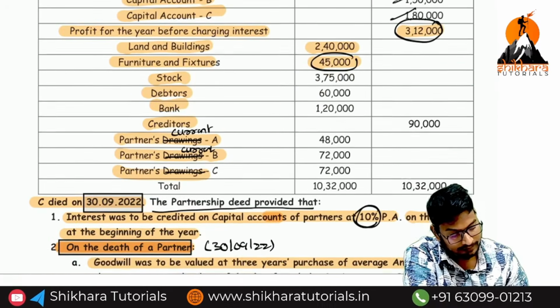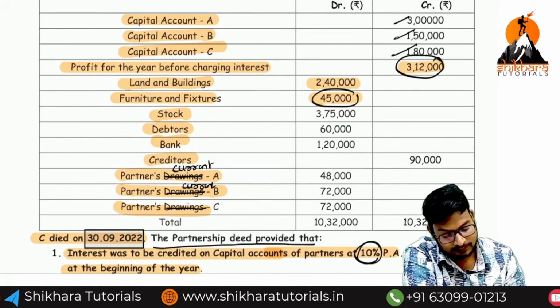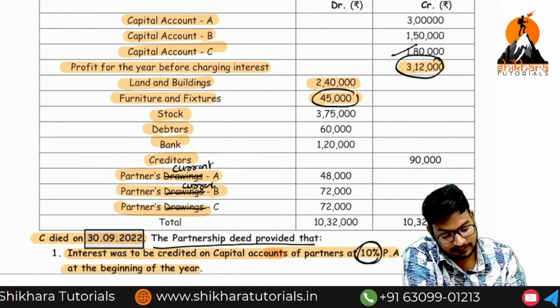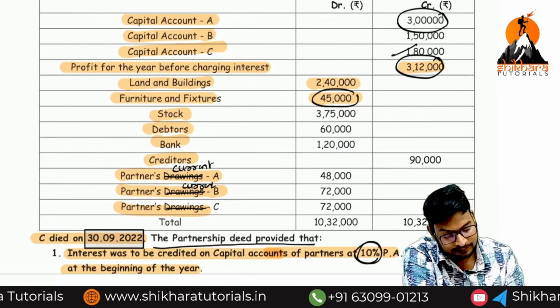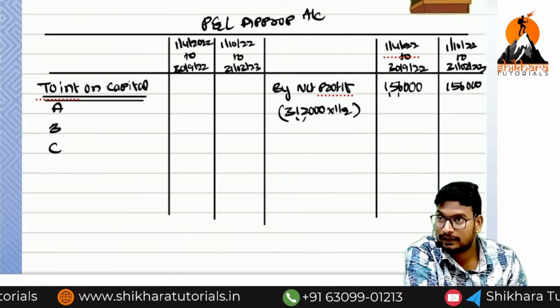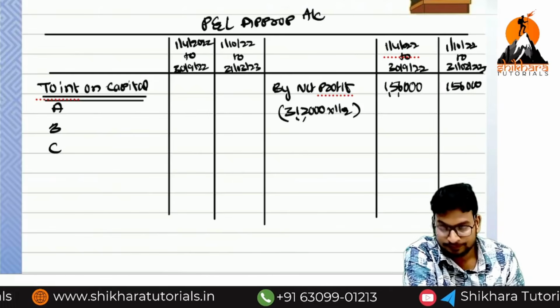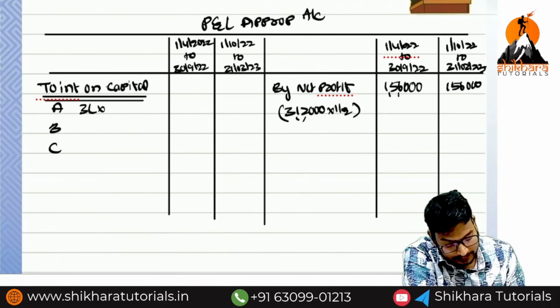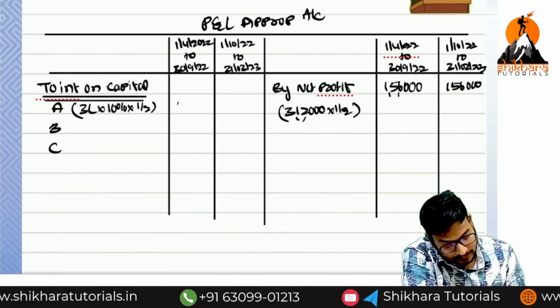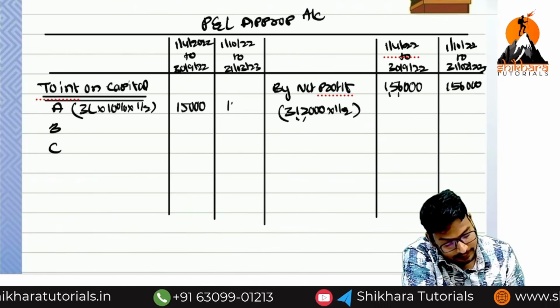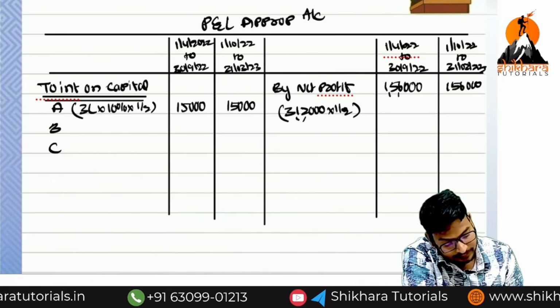They have given 3 lakhs. 3 lakhs into what is the percentage of interest on capital? 10%. 3 lakh into 10% is 30,000, but half year, so 3 lakh into 10% into 1/2. Here 15,000, and here also 15,000.